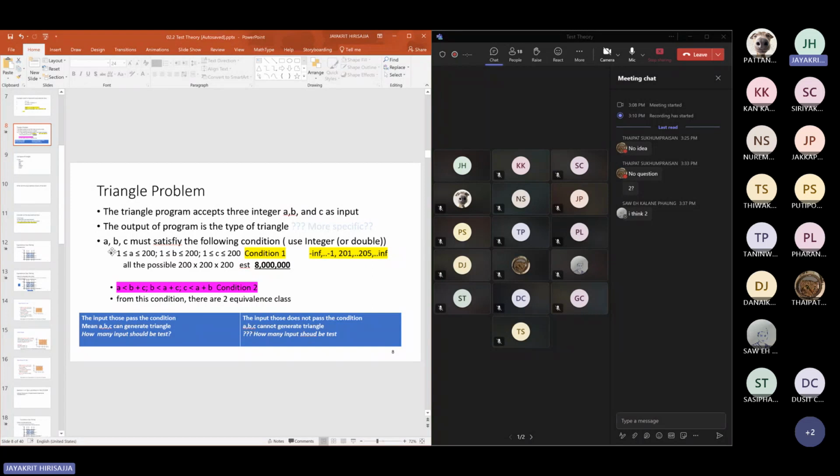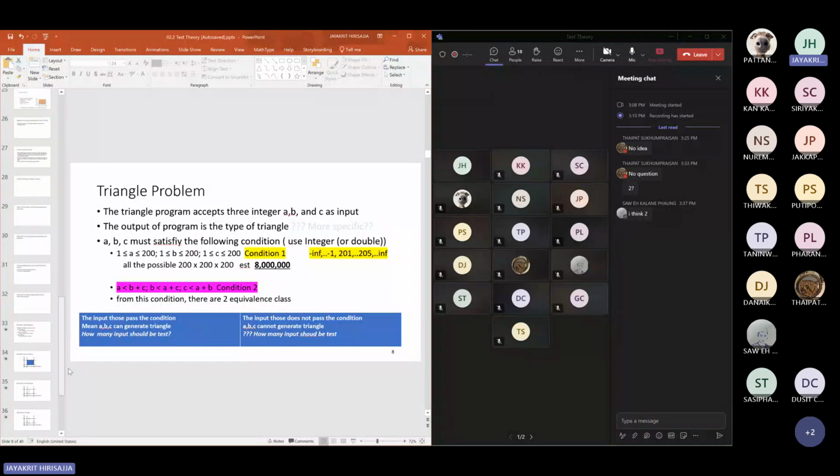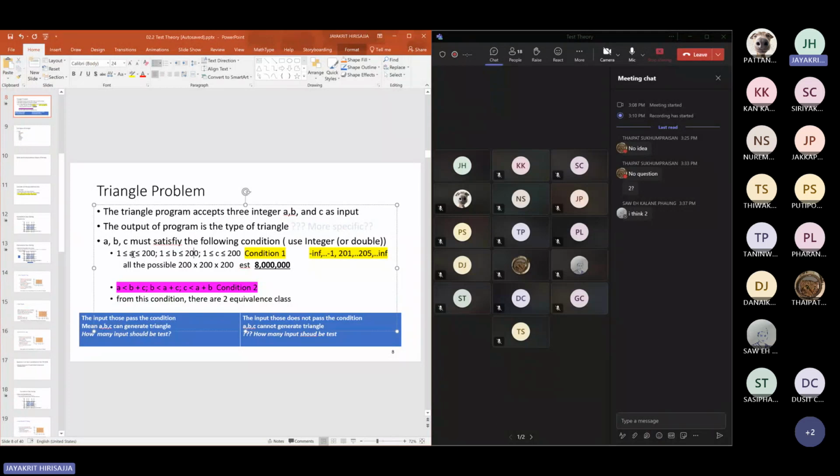That is the thing that we need to be concerned about whenever we talk about the boundary value, because normally we have a condition like this in our program: A is equal or larger than 1. So if A is 0.999, is it at the boundary or not? And if A is equal to 1, it's okay. So at the boundary, it's okay for this one.